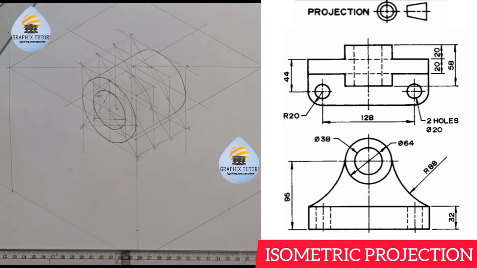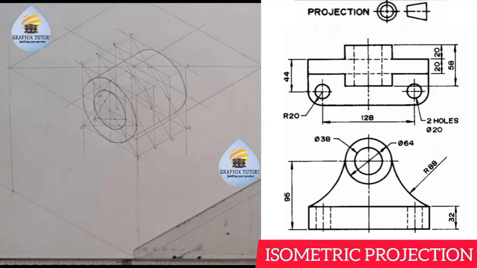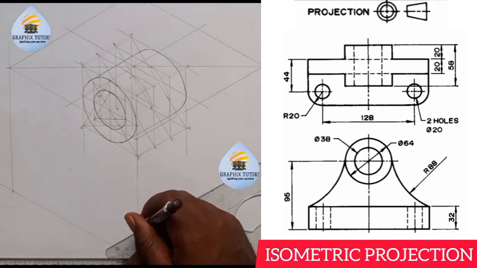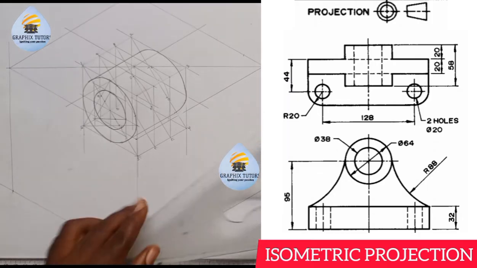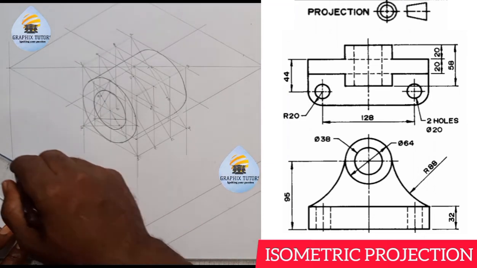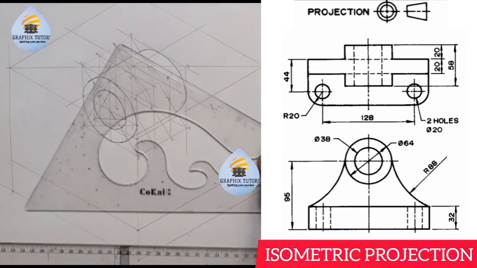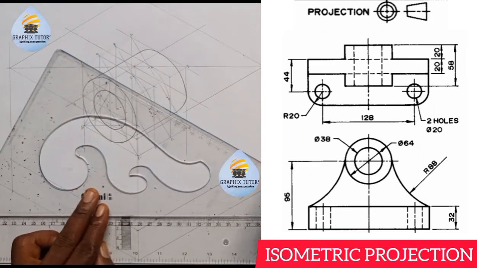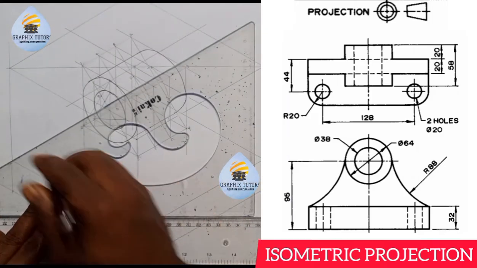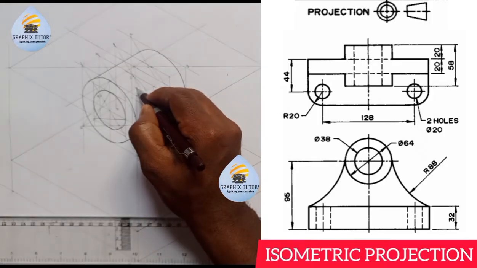I will use my set square and my T square working together. When I place it this way on my T square, I'll connect from here to here. I'll turn it this way too, and connect from here to here. I'll do the same thing here too, connect from here to this point here, and also from here to this point here. Now where this line meets is at this point here.